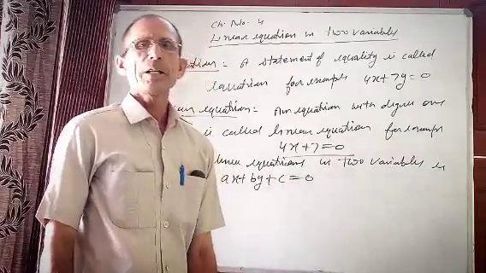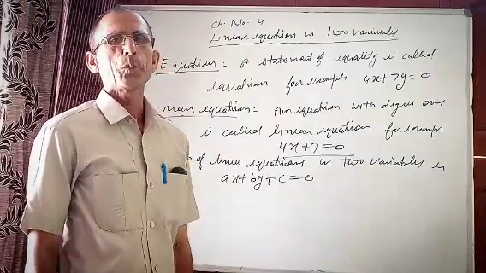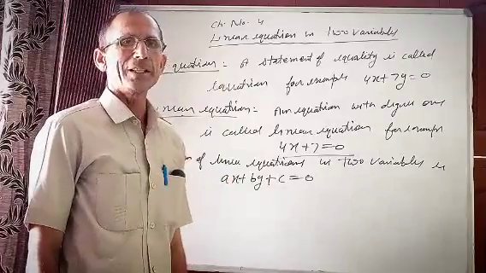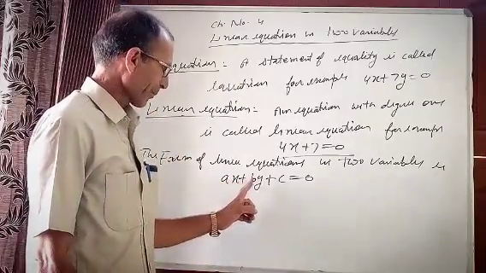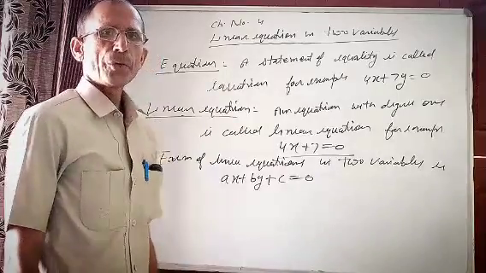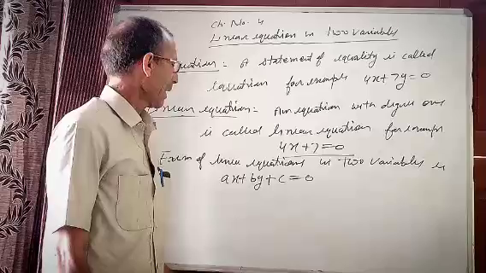So this is very important. Every student must try to understand the form of a linear equation in two variables. The form is ax plus by plus c is equal to 0, where a, b, c are real numbers.